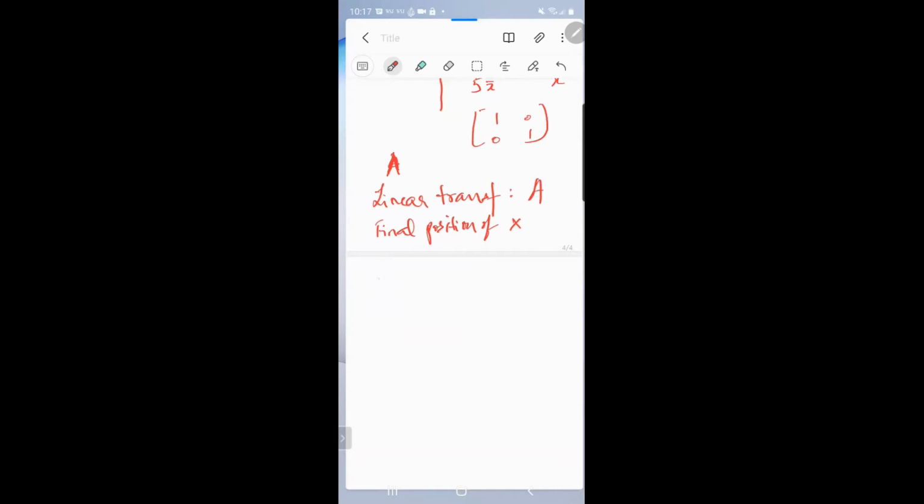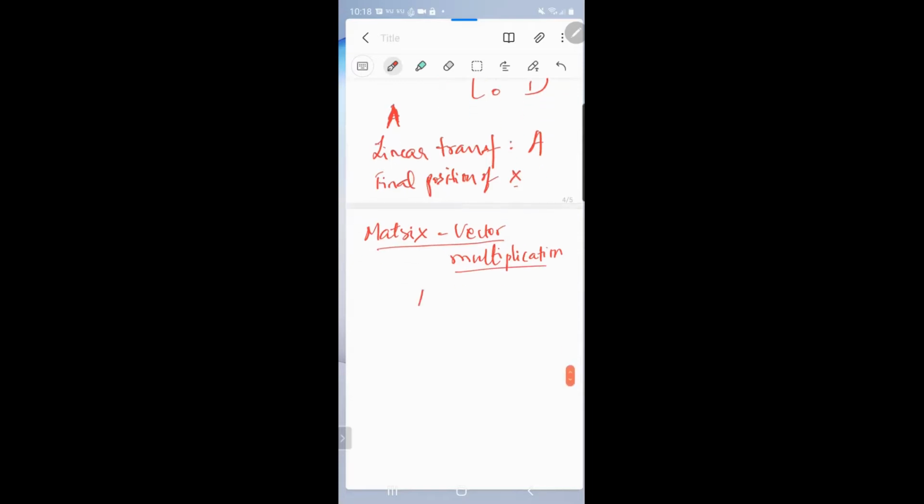How many of you remember, or probably don't remember? Just a general transformation: this matrix A represents a general transformation. Under that general transformation, we want to know where the vector X lands. And that's the purpose of matrix-vector multiplication. So the final position of this vector is AX.